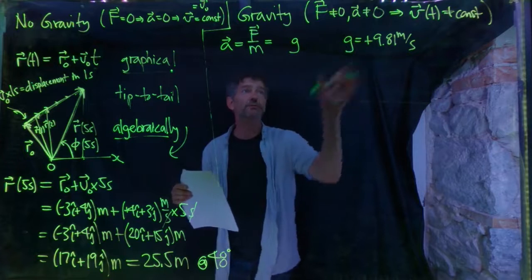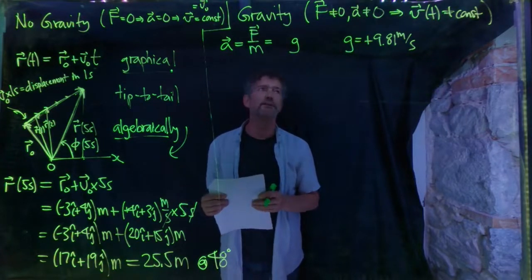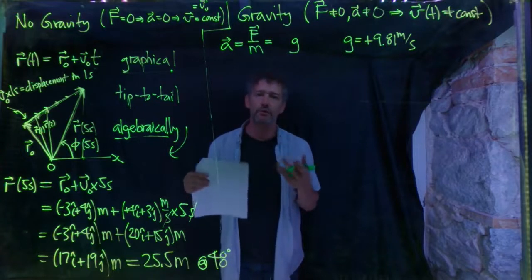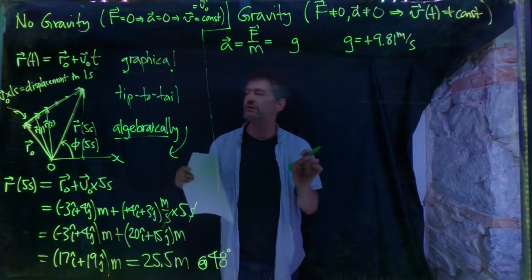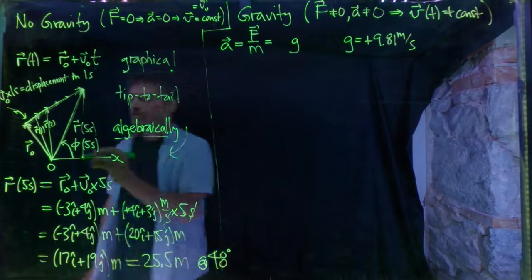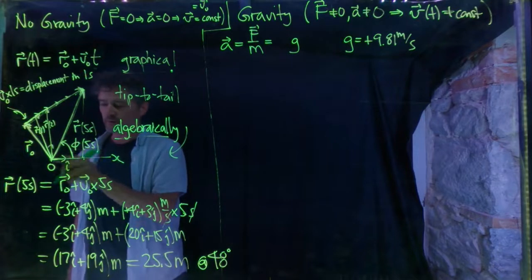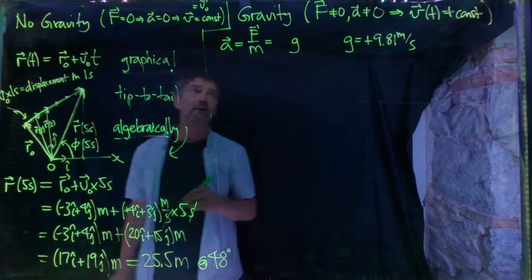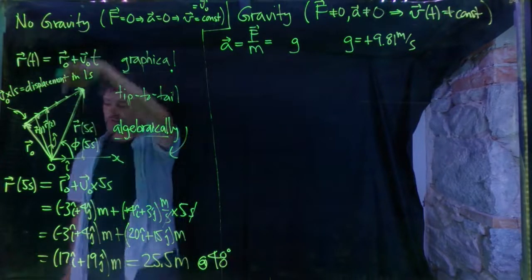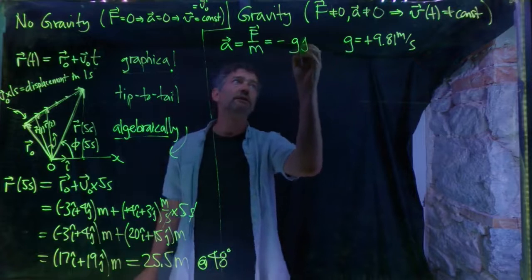And g is always a positive number. It's never a negative number. Positive and negative have to do with directions. This is the magnitude of the acceleration. In which direction is the acceleration? Well, we chose the i hat direction or x direction to be to the right, and the j hat direction or y direction to be up. And so we know that the acceleration is down, and so it's in the negative j hat direction. So it's negative j hat.